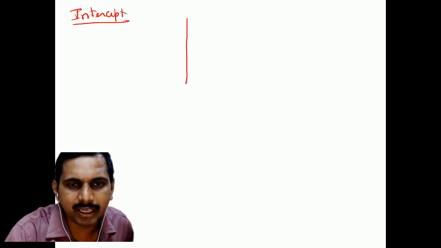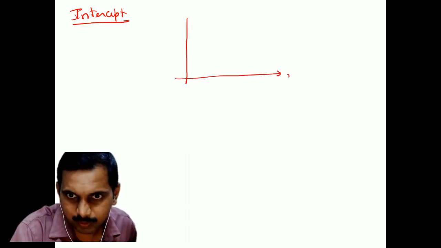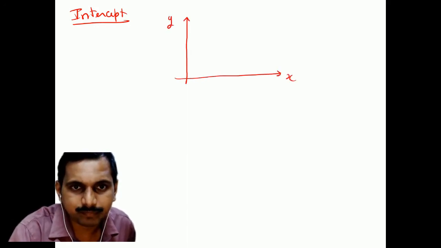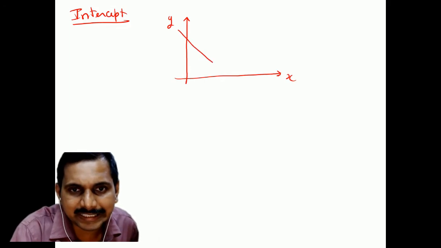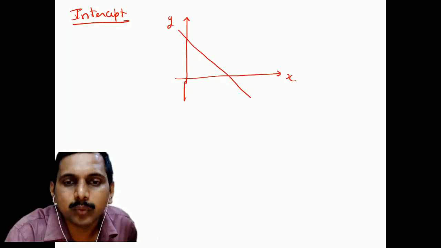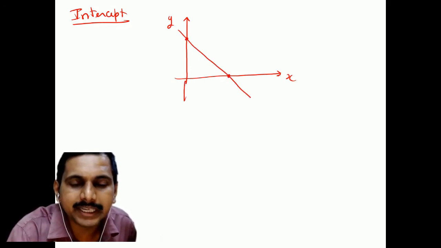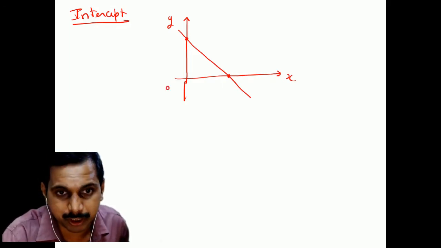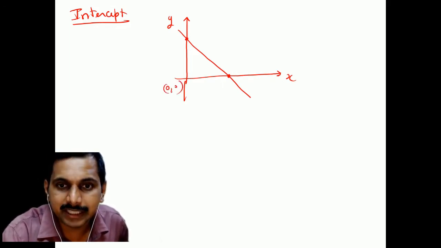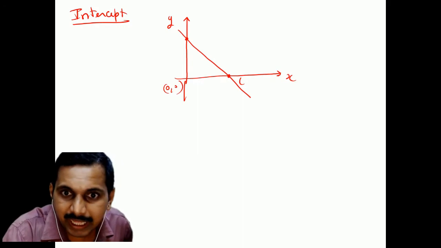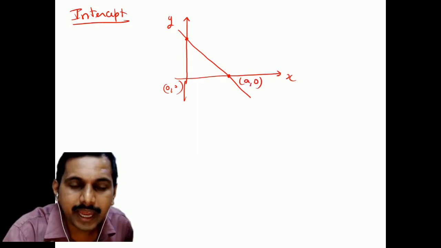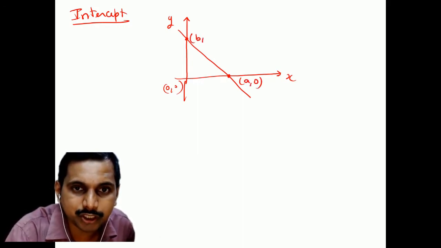So if I have a line, this is x and y, and if this is a line I have, at what point does it cut the x and y axis? This should be 0, 0, very important. This one is, say, a comma 0, and this one is 0 comma b.